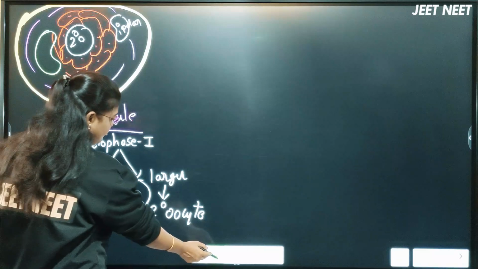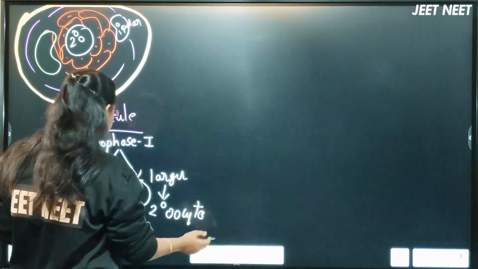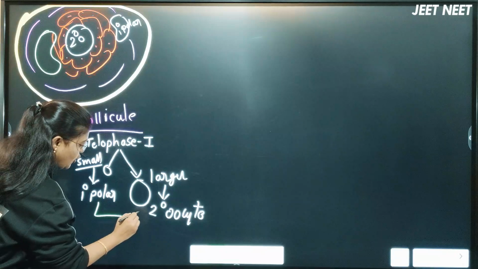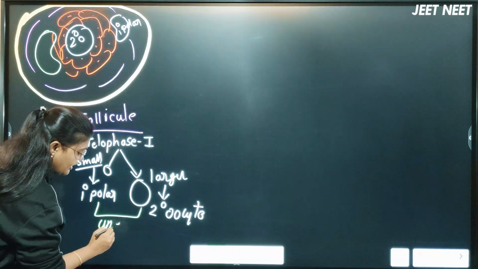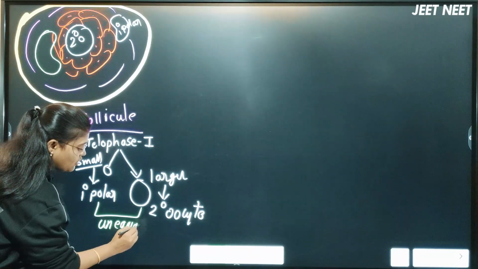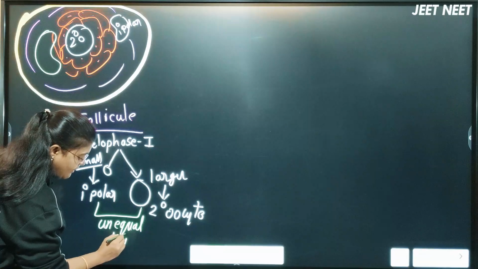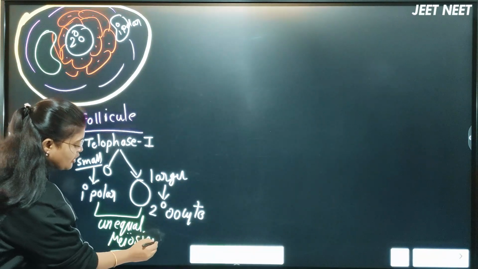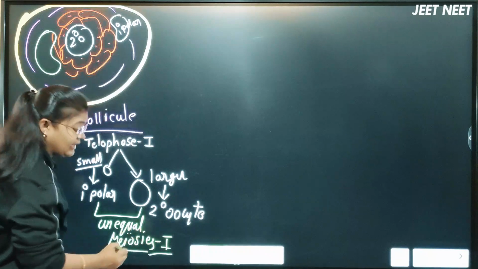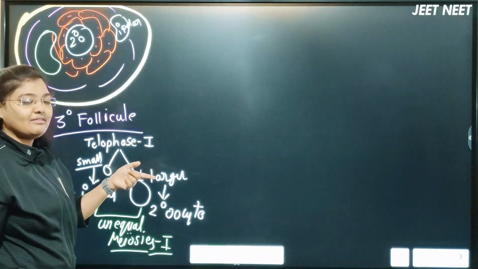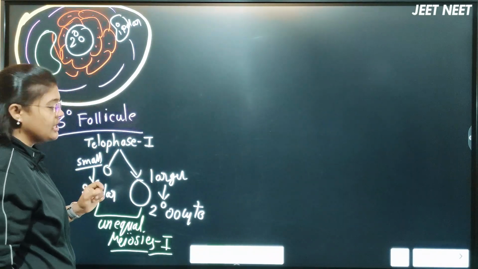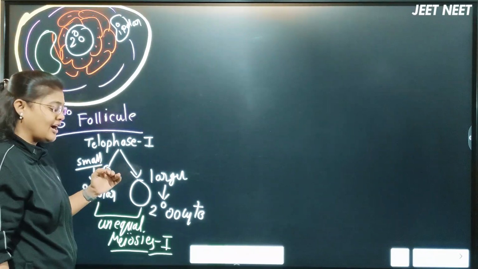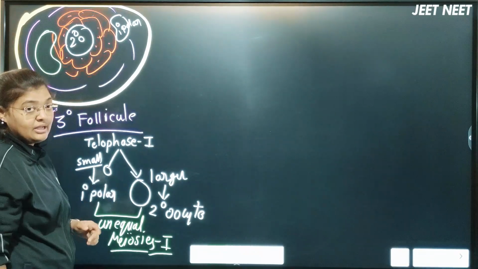You will get the doubt, ma'am, why have you drawn these two cells unequal here? Remember, in the oogenesis process, unequal meiosis division will happen, but in the spermatogenesis process, whatever meiosis 1 is happening will be an equal division, but in the oogenesis process, meiosis 1 will undergo unequal division.